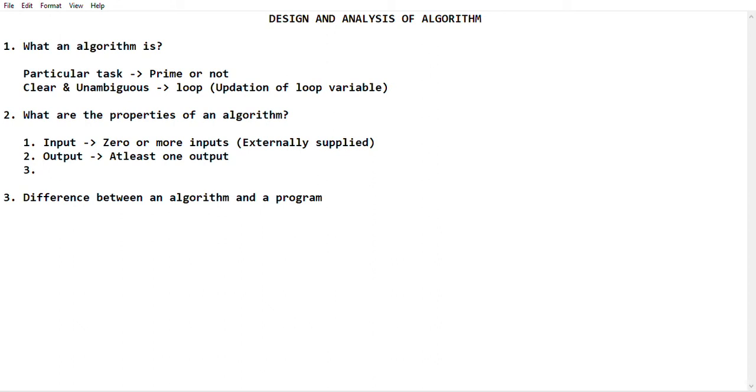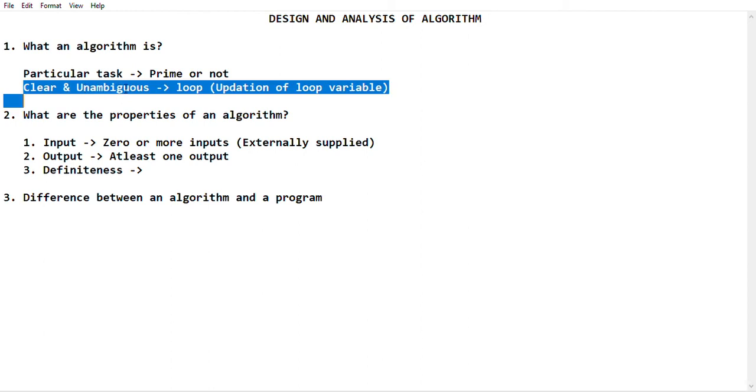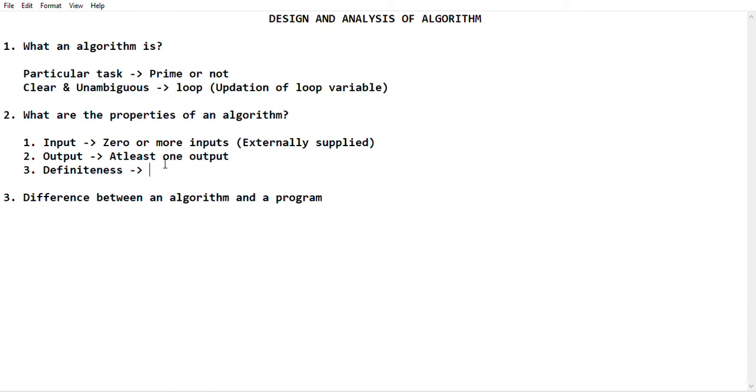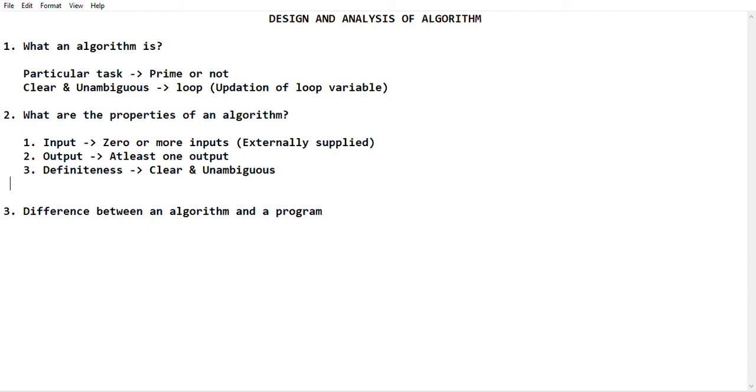Number 3 property is definiteness. The definiteness property is exactly clear and unambiguous, which was discussed previously.